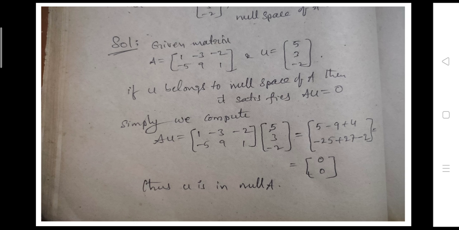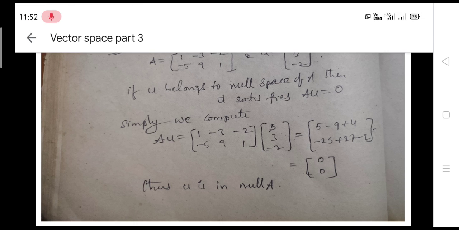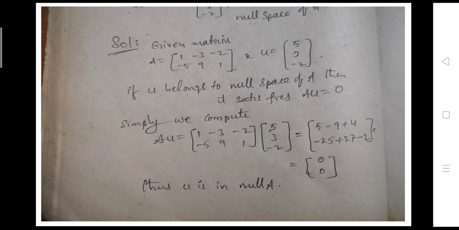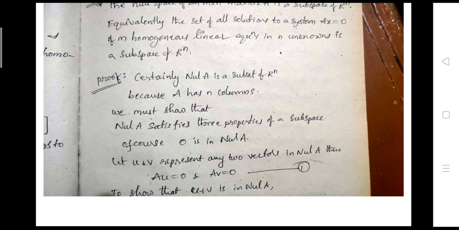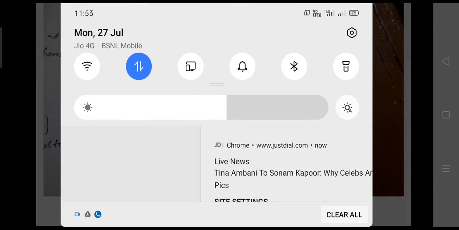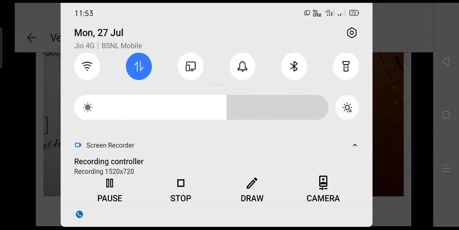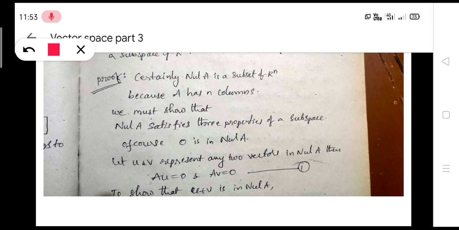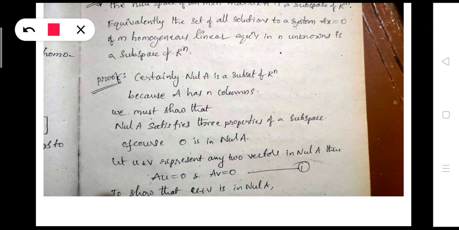Take the next slide. That is Theorem 1. The statement is not seen properly, so what is the statement here? The null space of an m by n matrix A is a subspace of Rn.